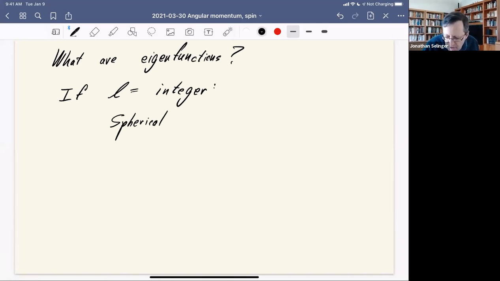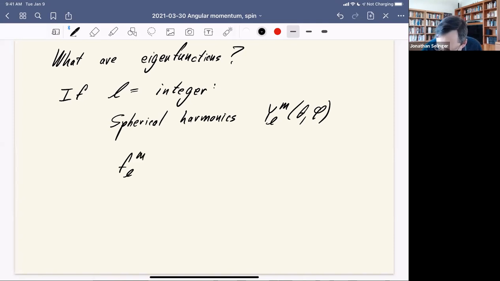They are the spherical harmonics, Y sub l super m of theta and phi. These are functions that I already told you about, and I told you they'd be useful in different places. So here's another place where they turn out to be useful. So the function f_l^m is our usual notation Y_l^m of theta and phi.